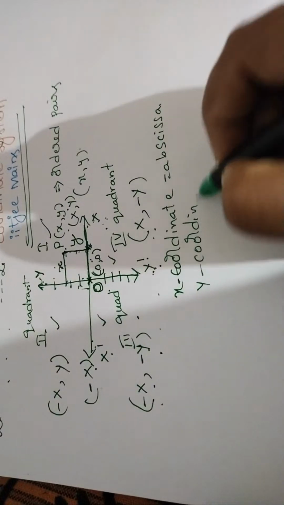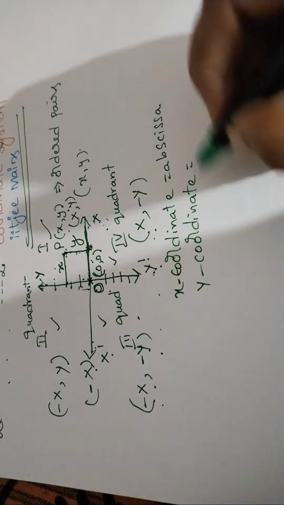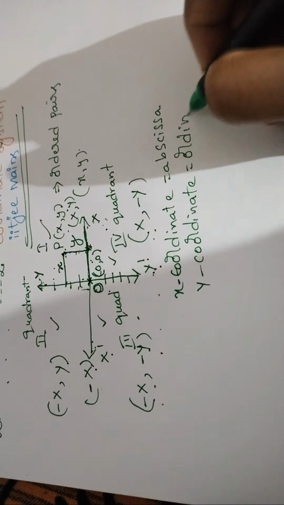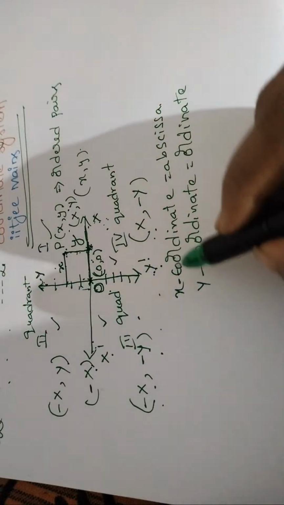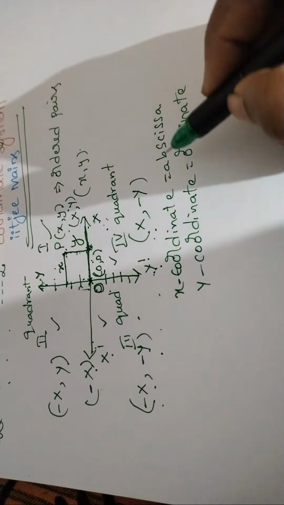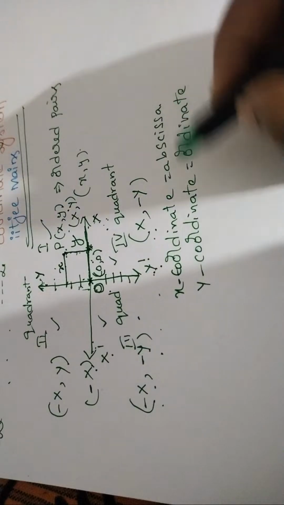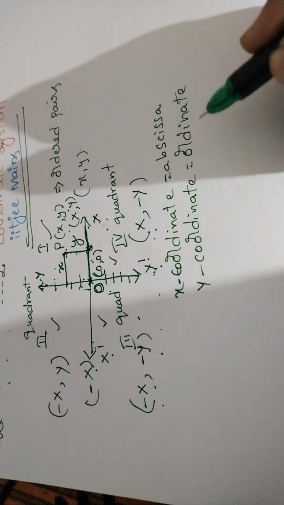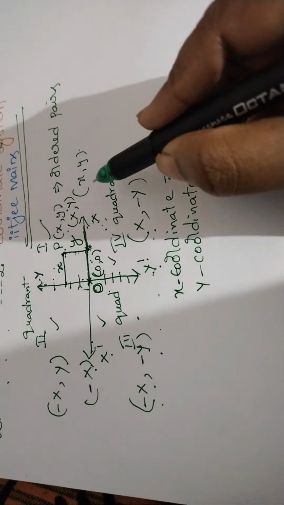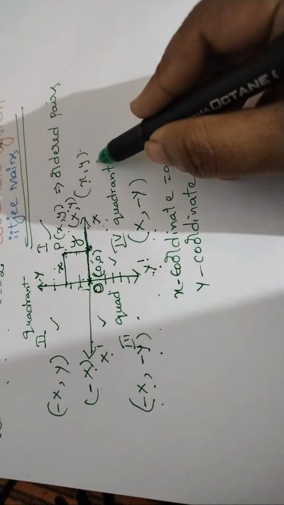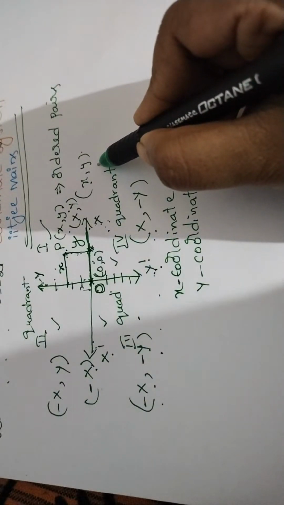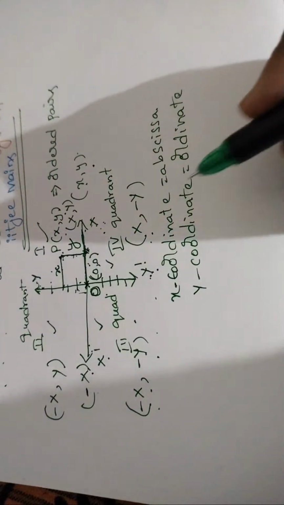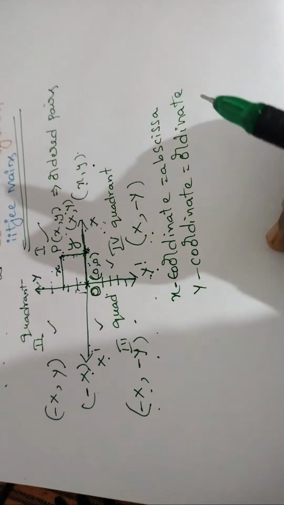The next is the y coordinate, and the name of the y coordinate is ordinate. So remember this, the x coordinate is nothing but the abscissa, and the y coordinate is nothing but the ordinate. X means abscissa, y means ordinate. Next I will give one example.